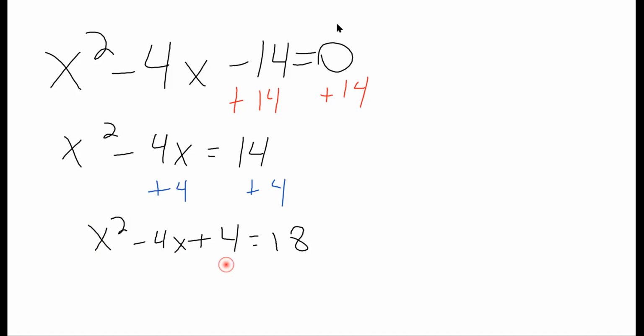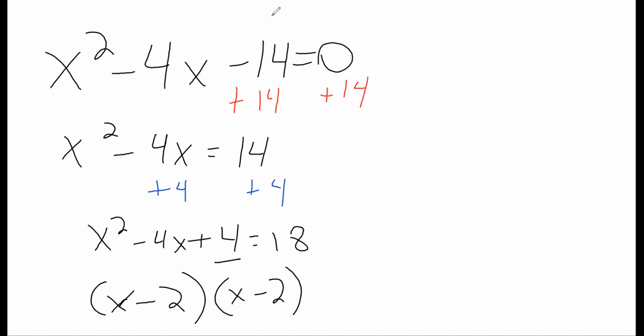What are 2 numbers that multiply to give me this positive 4 here, but when I add them, I get negative 4? Well, you probably see that those 2 numbers are negative 2 and negative 2. The same number twice. In fact, we chose the 4 that we added to both sides so that we would have a repeated factor over here on the left-hand side. That factors as x minus 2 times x minus 2.